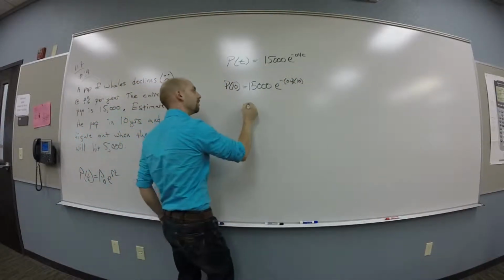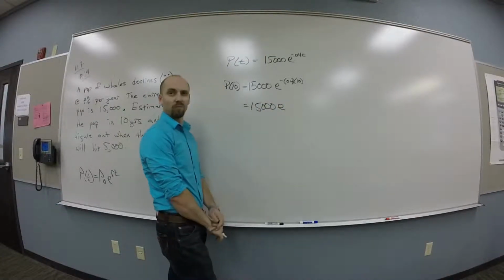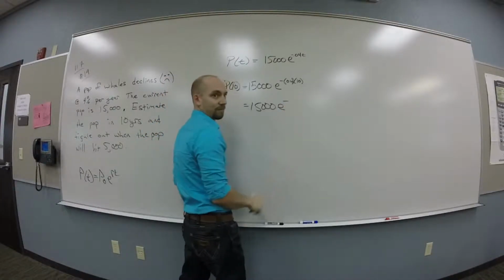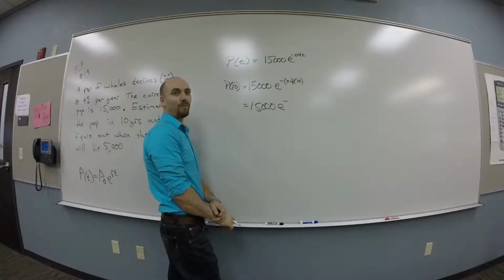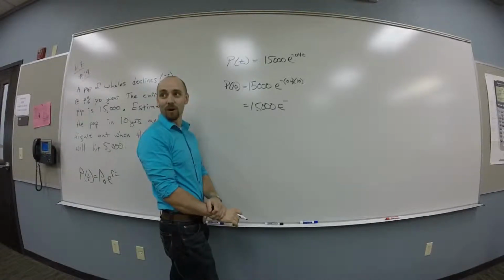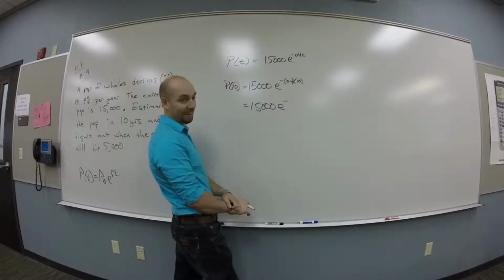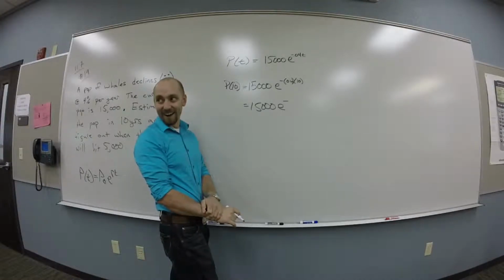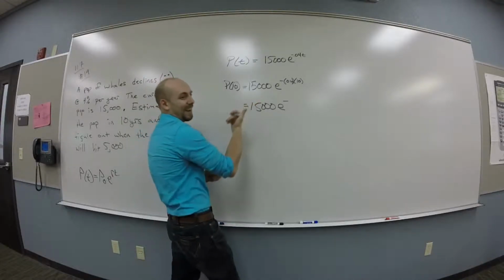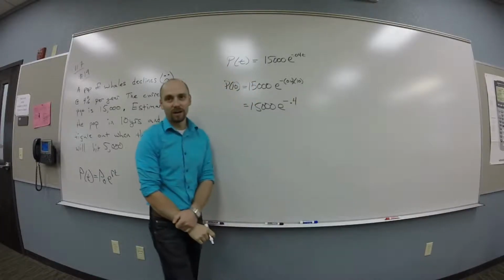So I get 15,000 e to the negative 0.4, right? Multiplying by 10 moves the decimal one place to the right, making the number bigger. So I got e to the minus 0.4 here.